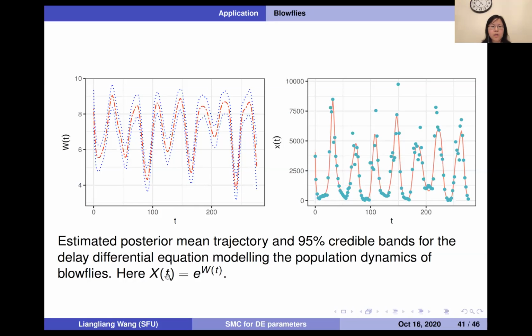Instead, we represent x of t using e to the w of t and using basis function expansion for w of t. So this is the estimated w of t, and this is the estimated x of t with the observations. The red curve is the estimated x of t, and the blue dots are the observations.